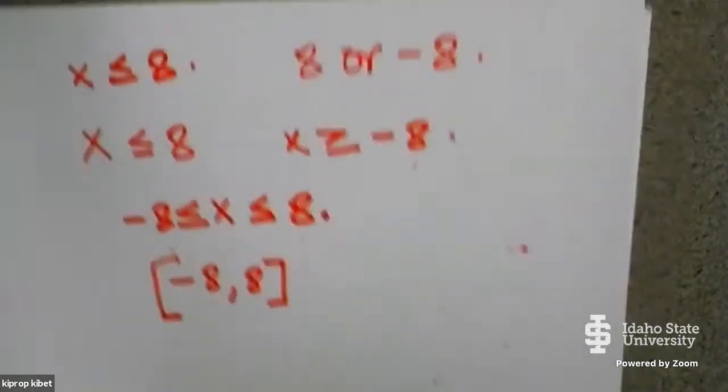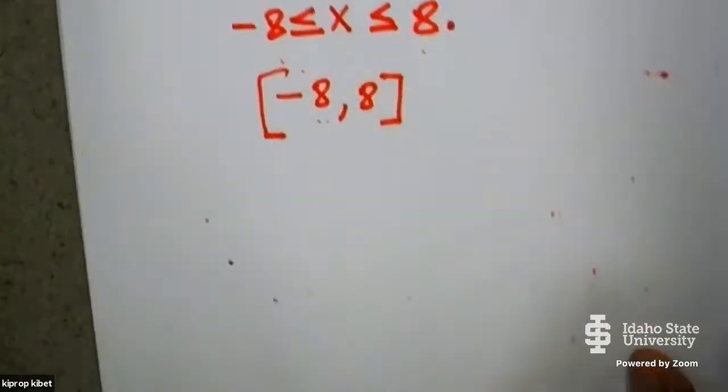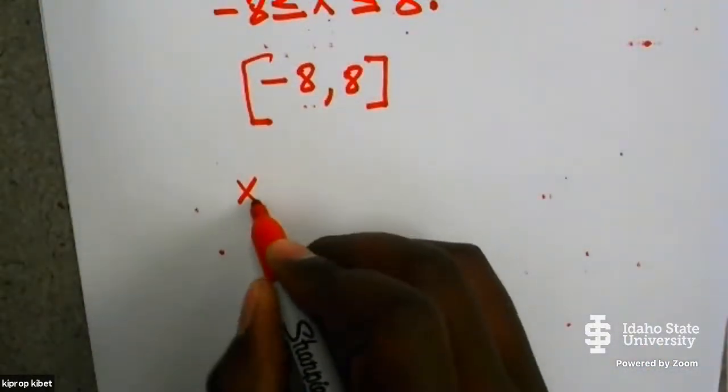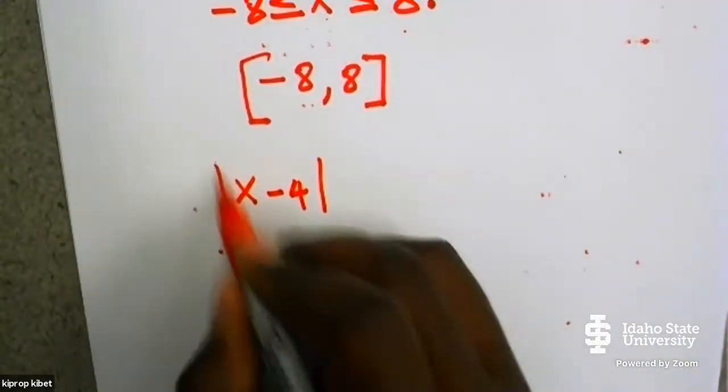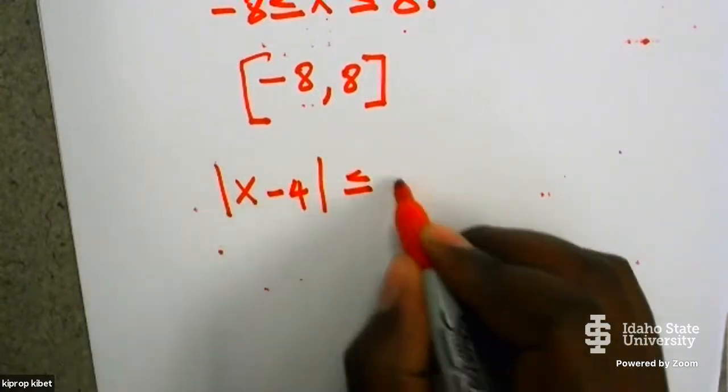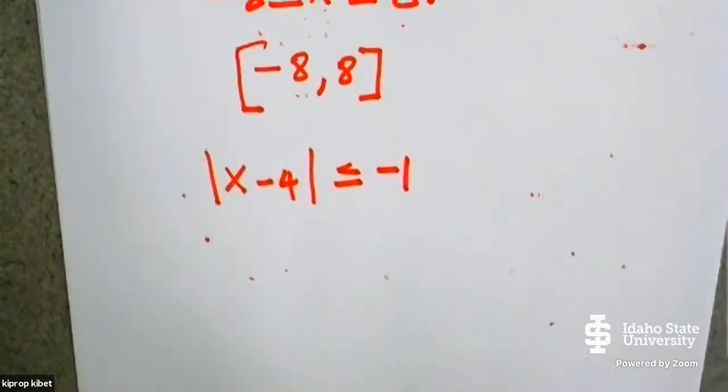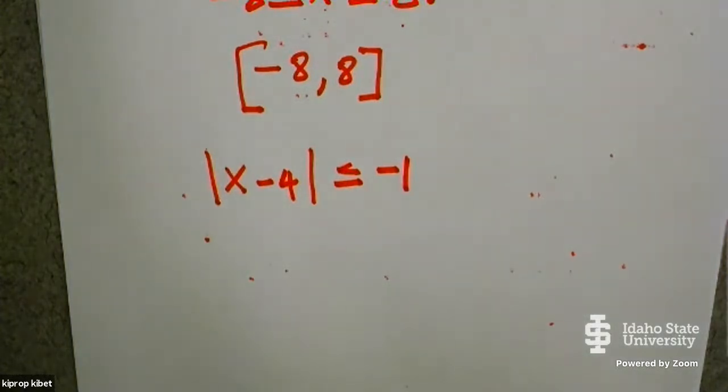Another example. How should we now solve the absolute value of x minus 4 less or equals to minus 4? So what is our solution?